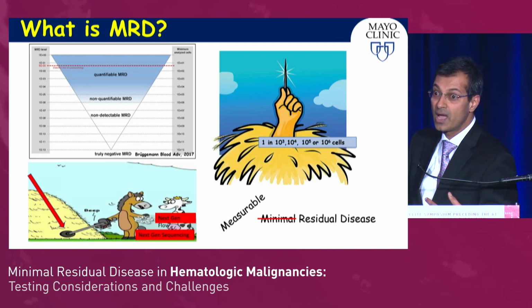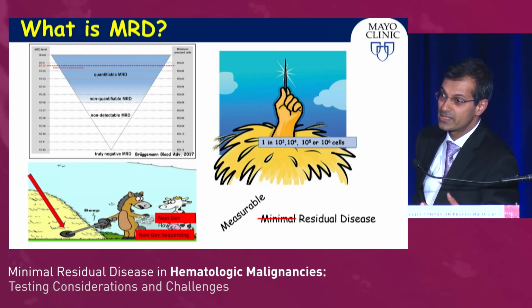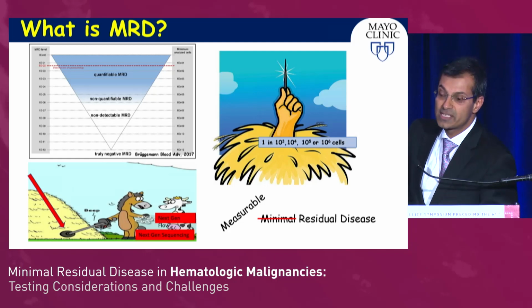So there are in fact a lot of cells that are still present in patients with leukemia who have achieved complete hematologic remission. And in fact, many experts recommend using the term measurable residual disease for this abbreviation of MRD, as opposed to minimal residual disease.